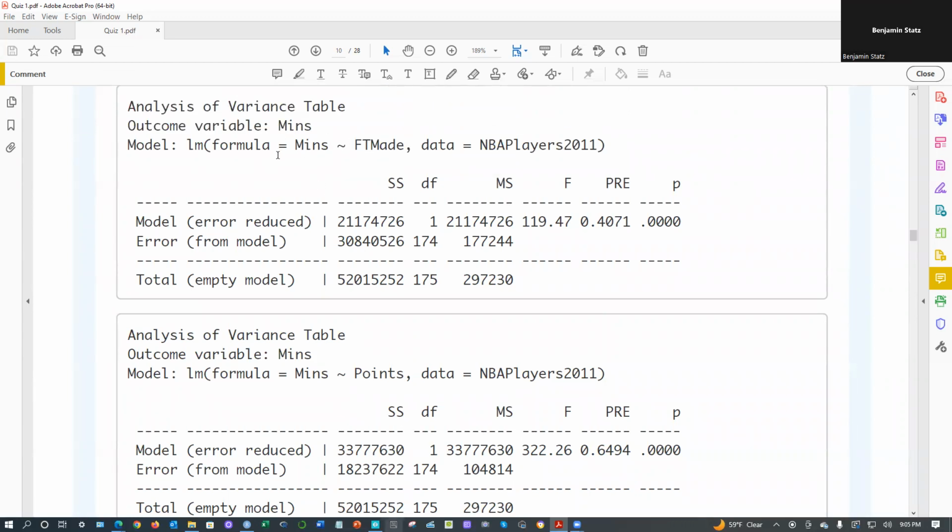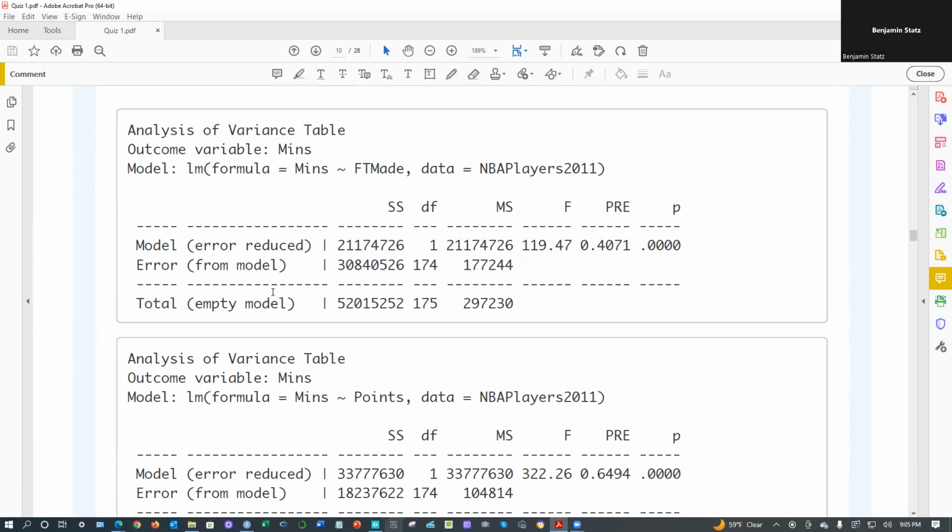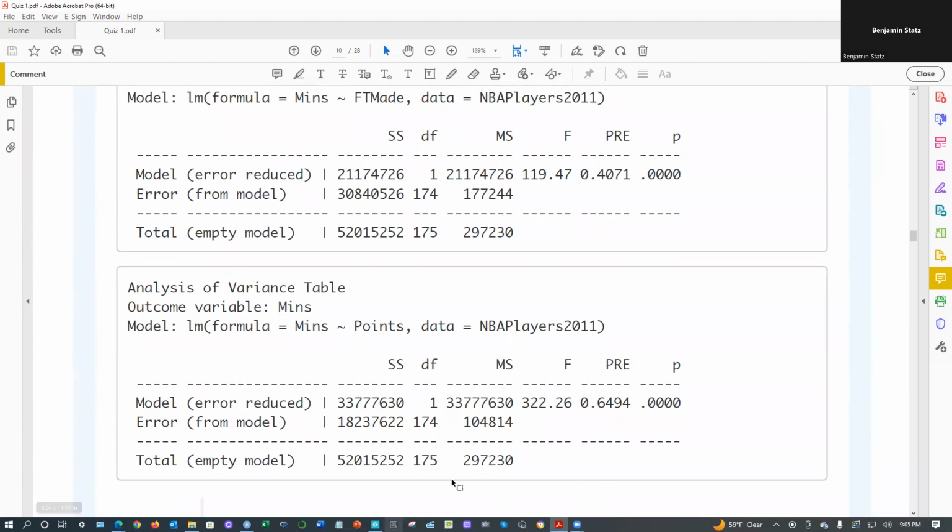Since we are using the same Y, this is the empty model: when you have Y only, Y is minutes. They both have the same Y, but they are using different X variables. Because of that, you're going to have the same sum of squared error, unexplained sum of squared error, degrees of freedom, and mean squared error for the empty model in both cases.